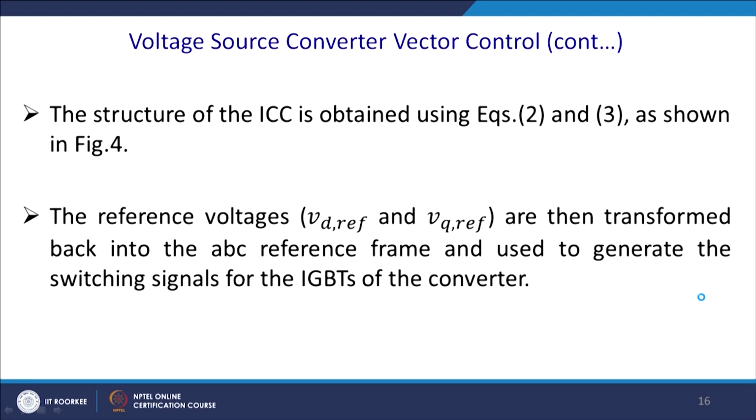Now, the voltage of the ICC is obtained as we have shown in the figure, in equations 2 and 3, and the reference voltages Vd and Vq are transformed back into the ABC frame by the reverse transformation.